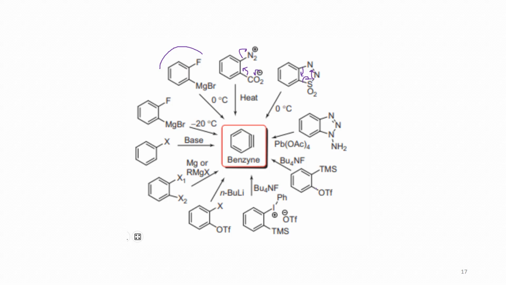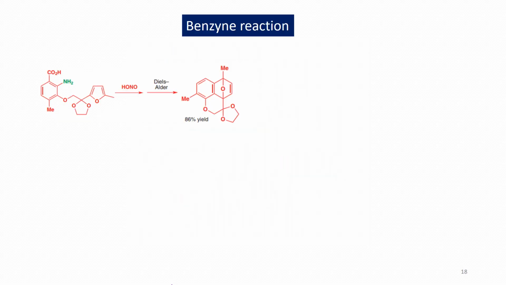If OTs is here, through this different pathway you can form benzyne in our reaction mixture. Now how can you get an idea that benzyne is forming? Just by trapping it. Now suppose this type of reaction is given.